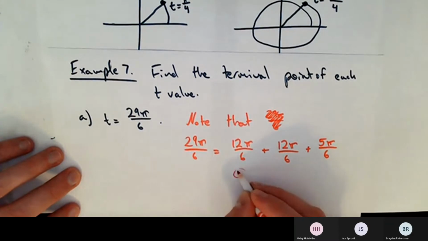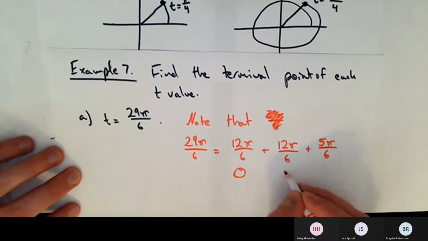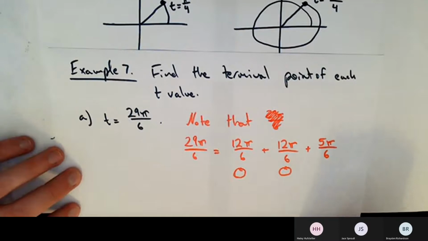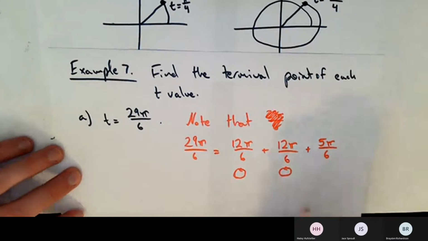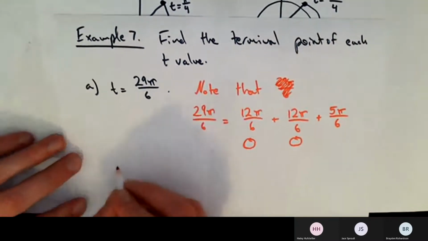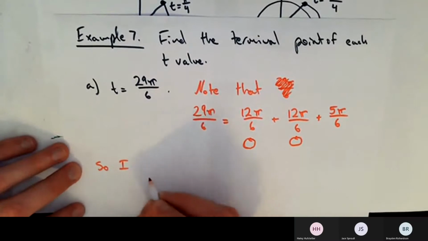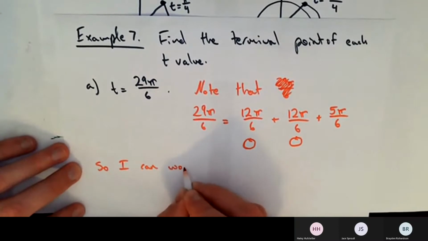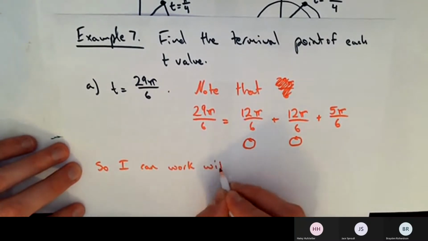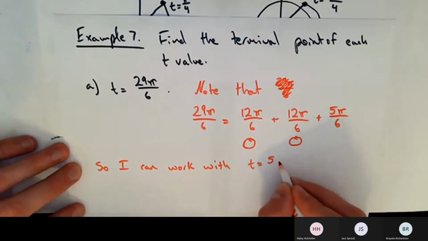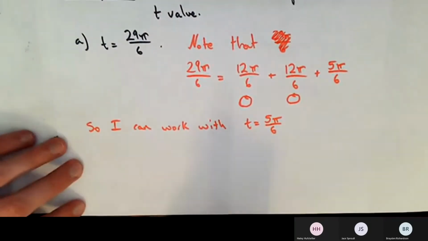This is a whole extra revolution, and this is another whole extra revolution. This is all I need. So I can work with, when I draw my picture, t equals 5 pi on 6. That's not my reference number yet, right?